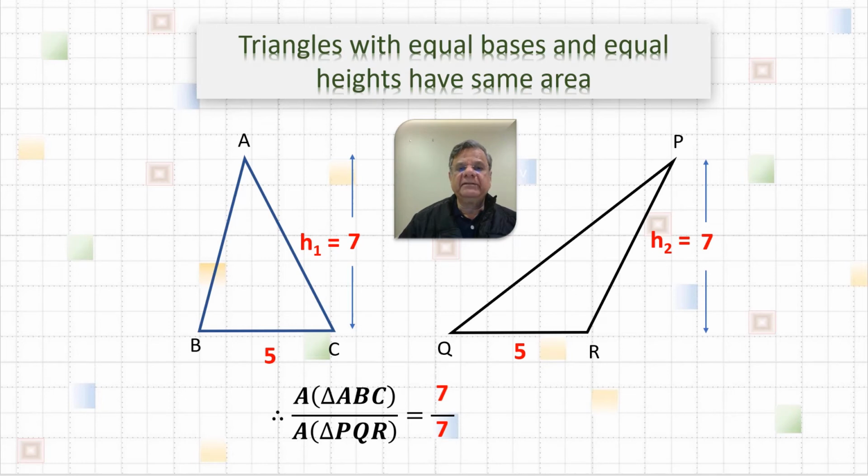Triangles of equal bases have areas proportional to corresponding heights. Therefore, area of triangle ABC upon area of triangle PQR is equal to 1. That is, area of triangle ABC equal to area of triangle PQR. So triangles with equal bases and equal heights have same area.